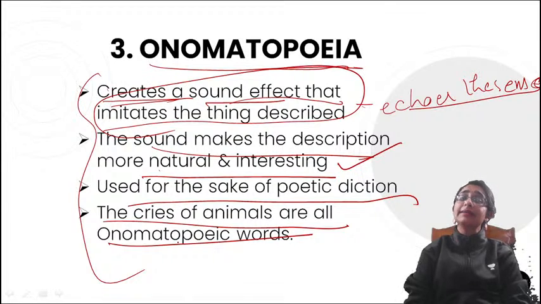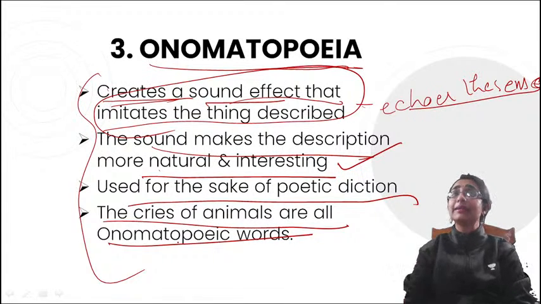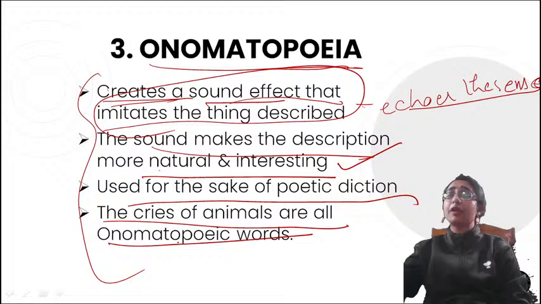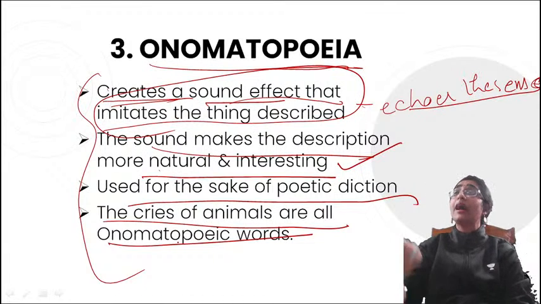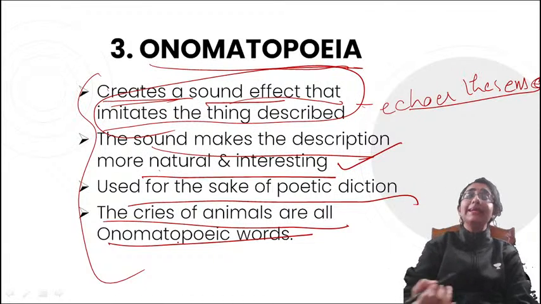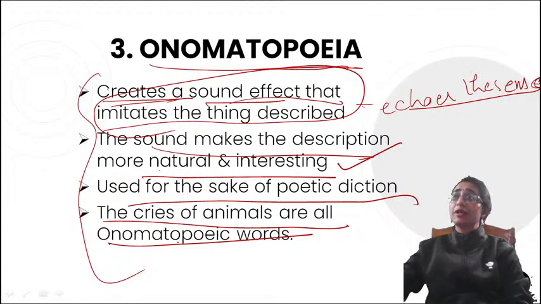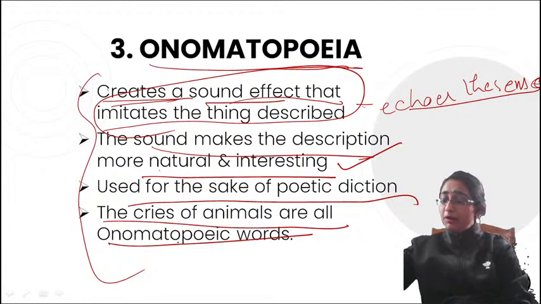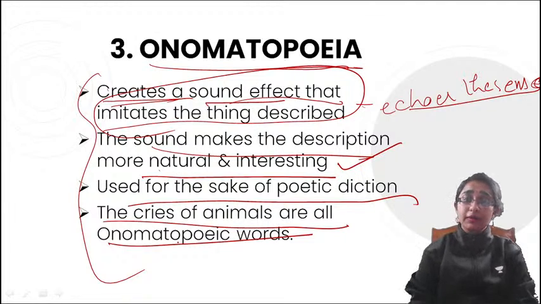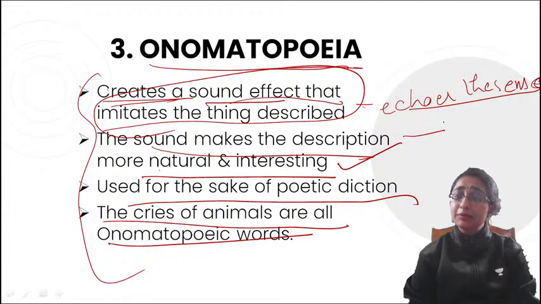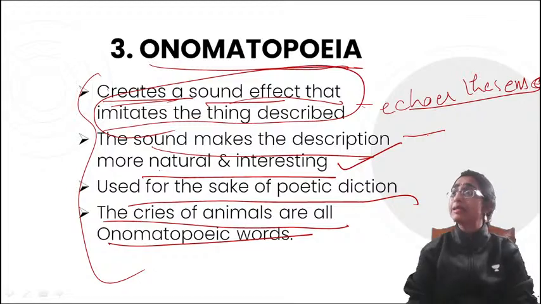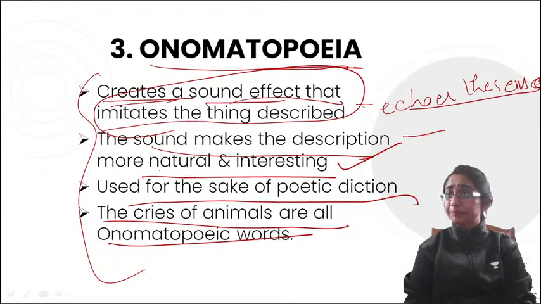Because if I say mewing, you can very well guess that mew can only be associated with cat. Okay. If I say howling, you can easily guess that howl can only be associated with any tiger or lion, right? So I am only telling you the sound, and the sound itself explains the sense.